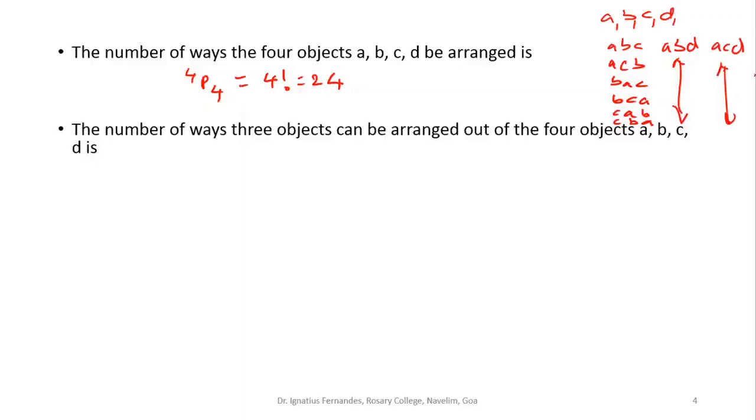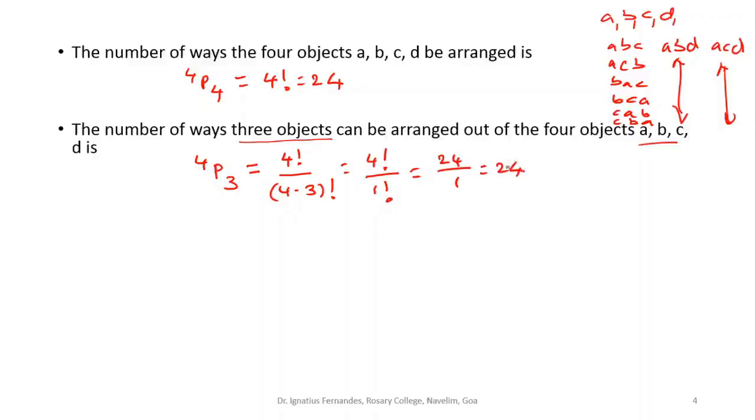So instead of doing it manually, the permutation definition says that if I am arranging only 3 objects out of these 4 objects, it can be done in 4P3 ways. By definition it is 4 factorial upon (4 minus 3) factorial, which is 4 factorial upon 1 factorial. 4 factorial is 24, 1 factorial is 1, so I'll get 24.